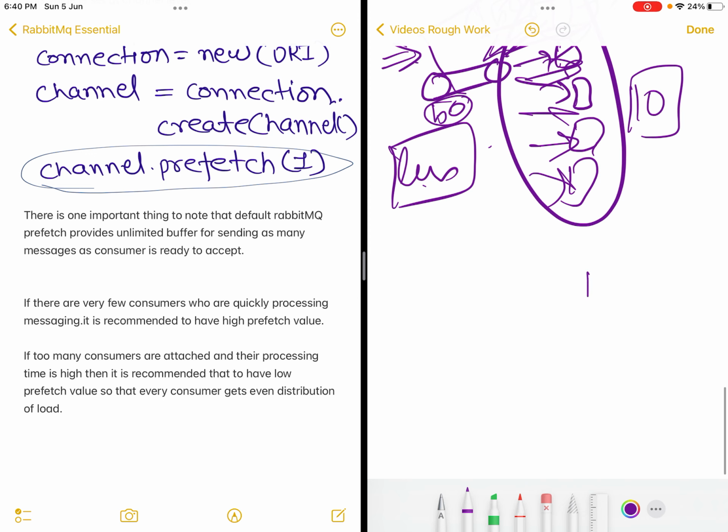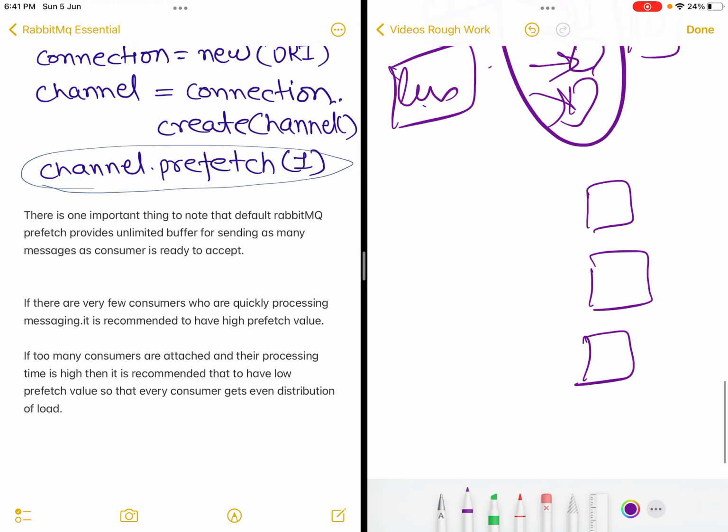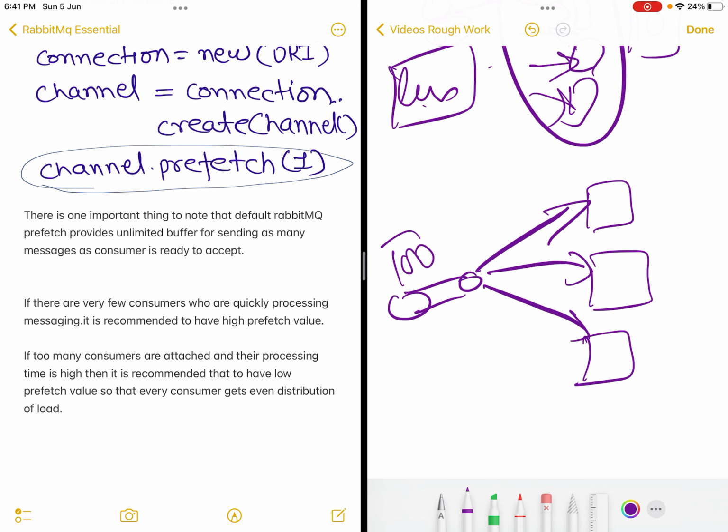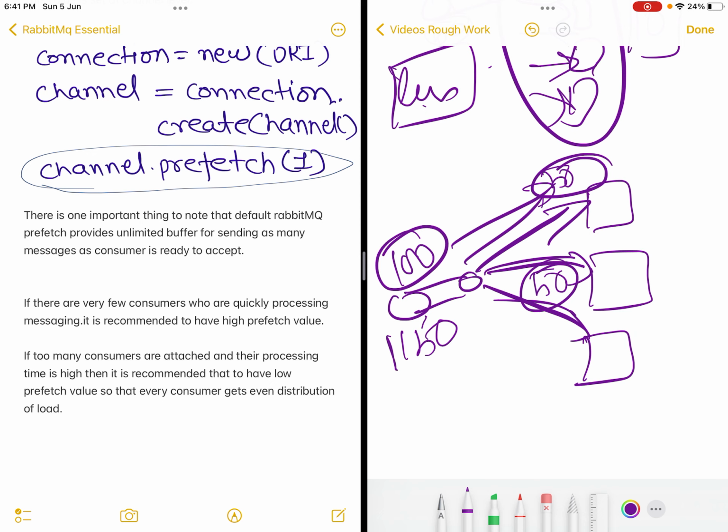When you have very few consumers, you should keep your prefetch count at a higher level. Consumers are few, only 1 or 2, and you have got 100 messages. Suppose you keep 50, you send it, 50 are left, you can send those too. They will keep processing, and when they send the acknowledgement, suppose you have got 150 messages, again you can send 50 messages.